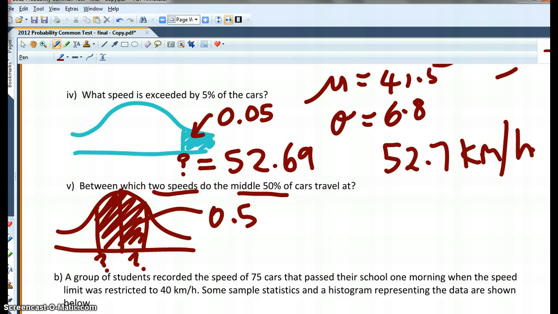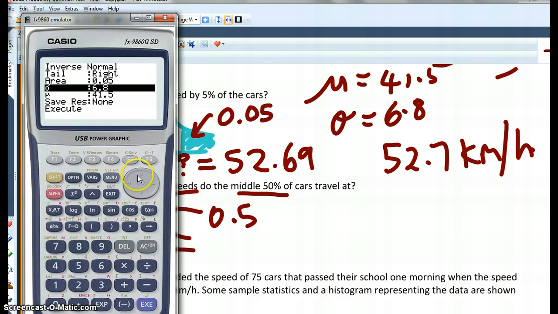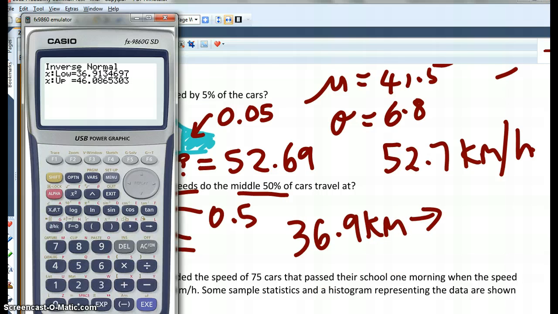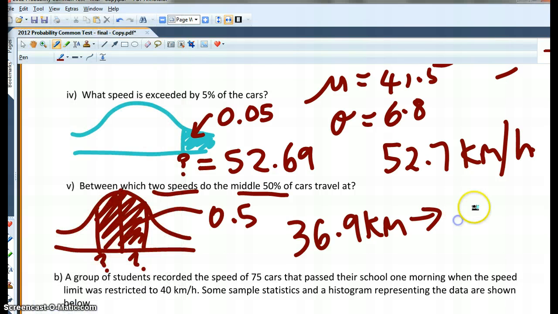So we get our calculator, and this time we go centre, and our area is 0.5 in the centre, and it spits out 36.9 to 46.09 kilometres per hour.